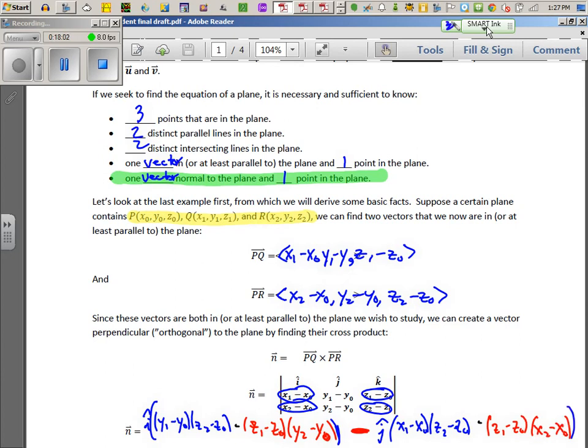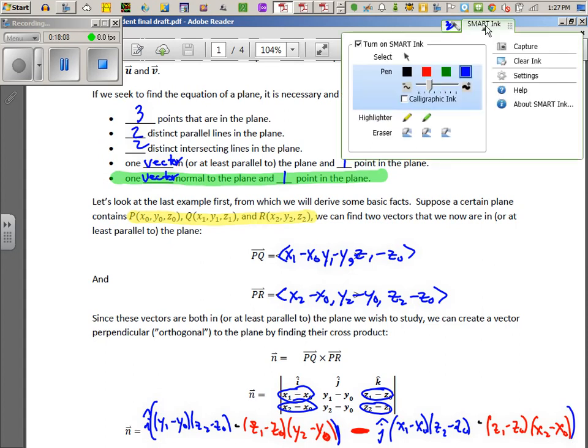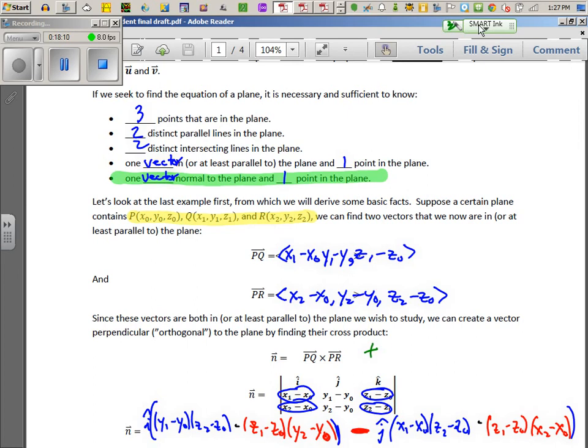There's still one more that I haven't even started on yet. I'm out of space too, but I'll write it in green. It's going to go plus k hat, and you'll be using these four elements of your matrix right here.